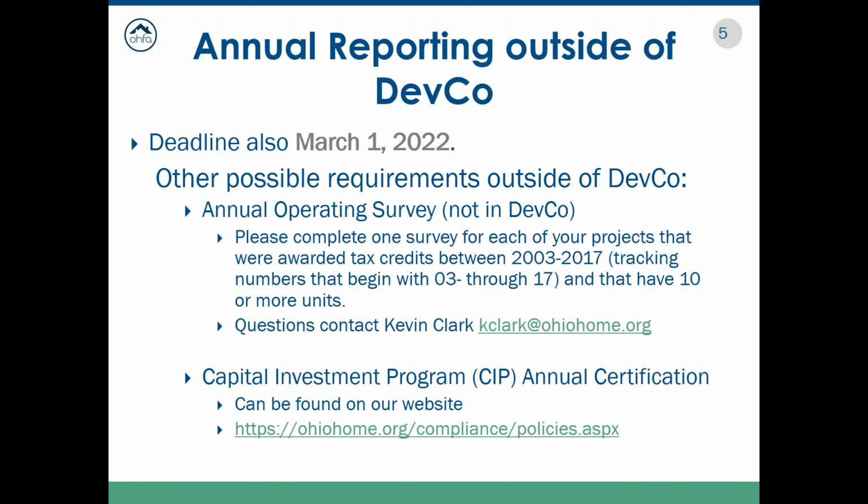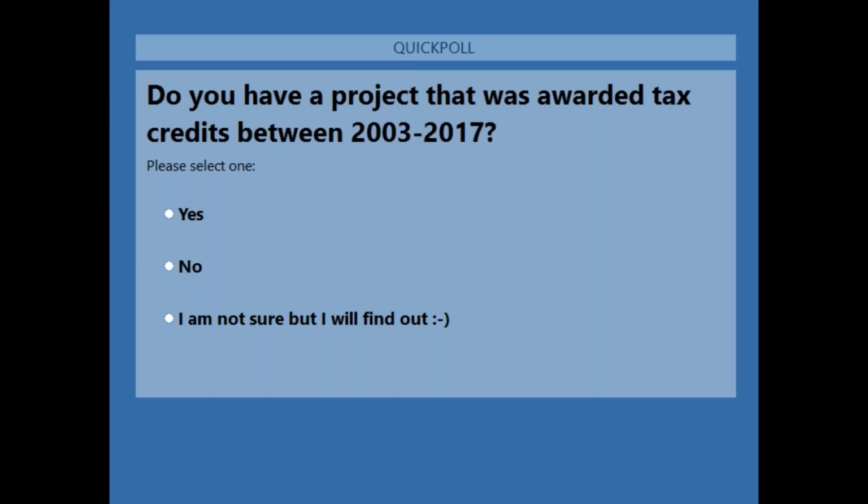And that is going to bring me to our next poll, to see how many people on the line were awarded tax credits between 2003 and 2017. Let me know if you have to submit an annual owner survey or operating survey.